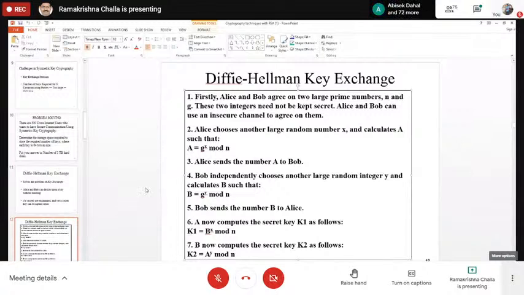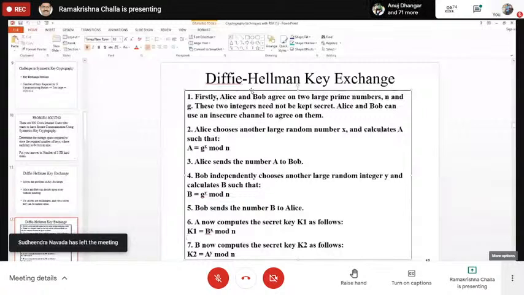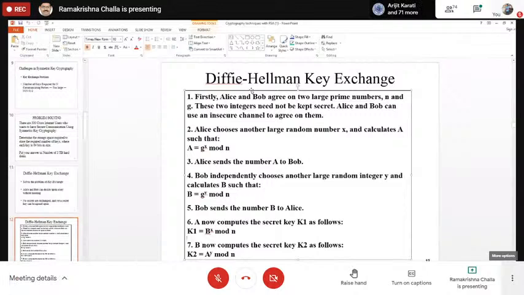So if you look at this whole Diffie-Hellman key exchange protocol, actually the key is not exchanged. Rather, the key is determined. That is the reason in some of the books you will find this as the Diffie-Hellman key determination protocol, which solves the problem of key exchange in symmetric key cryptography.